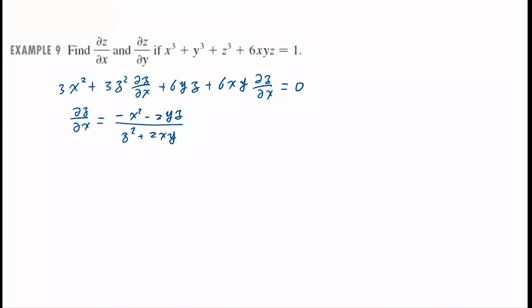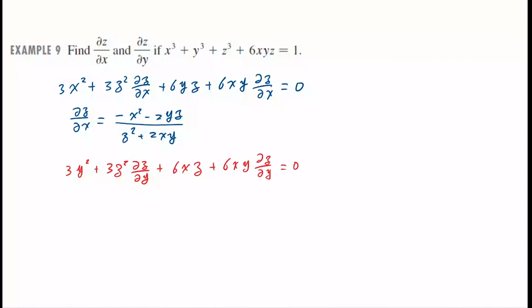Likewise, what about in terms of y now? Well, very similar. This dies, so this becomes 3y squared plus 3z squared partial z partial y plus, now this thingy, once again, 6xy is u and the other one is v, so we have 6x now and z plus 6xy and partial z partial y.